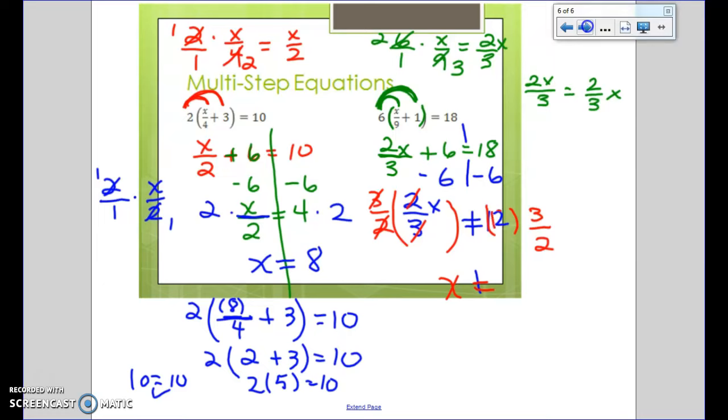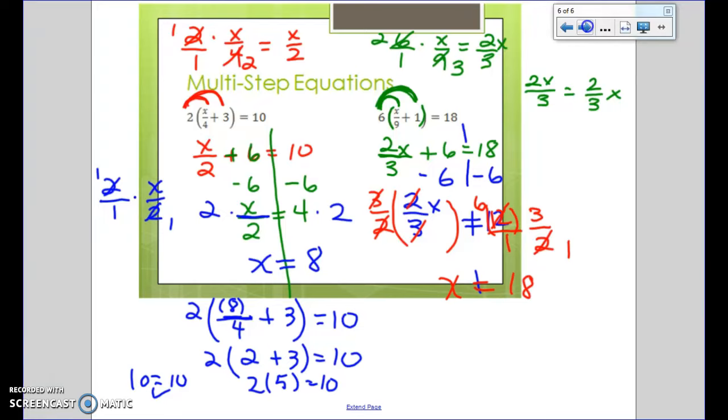On the right-hand side, I have 12 times 3/2, or 12 over 1 times 3 over 2. And so what I'm going to look for is anything I can cross-reduce. And again, I see I can cross-reduce the 12 with the 2. And so all that's left is 6 times 3 in this case, which is 18. So x equals 18.